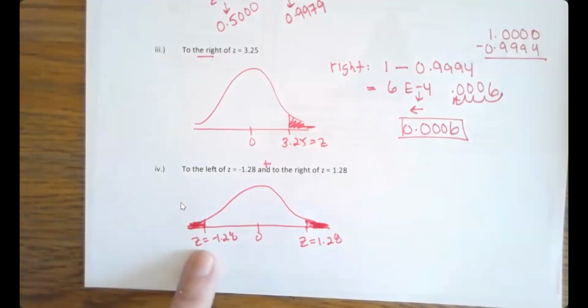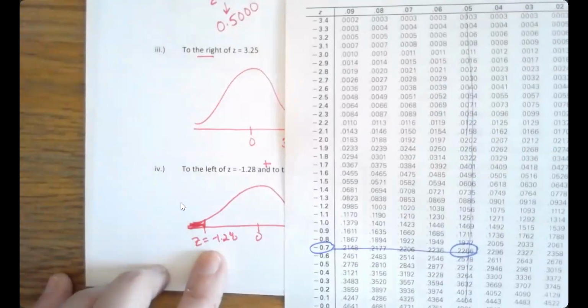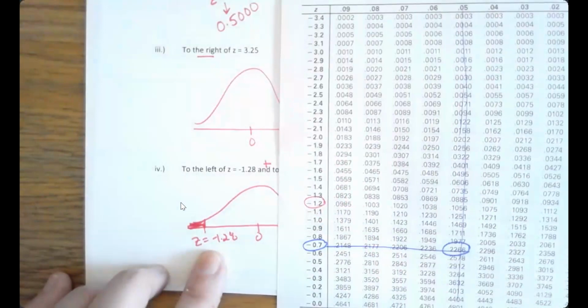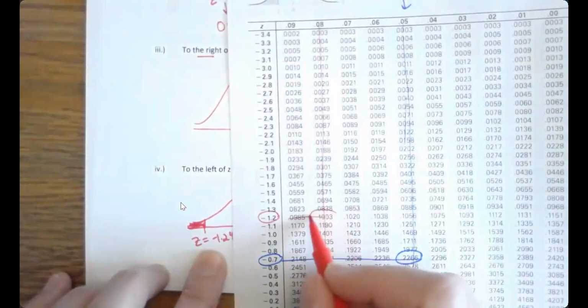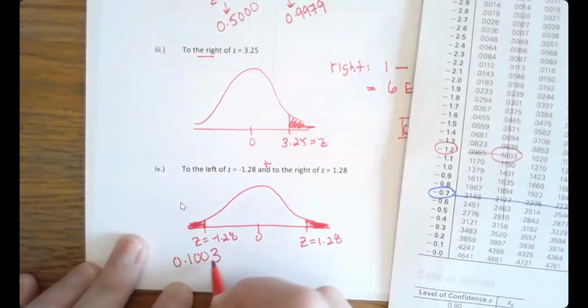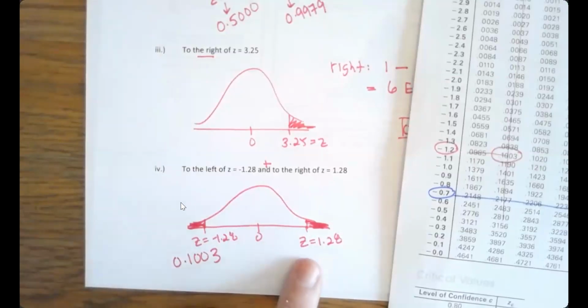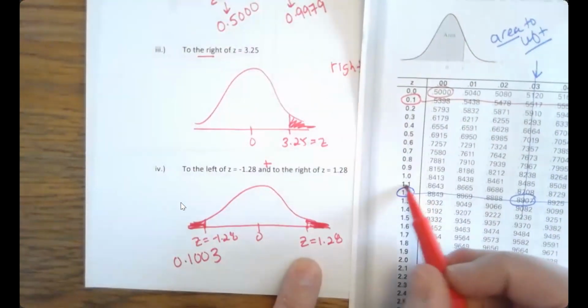Now let's do the left side first. So I have negative 1.28. So negative 1.2 is right here. And then my 8 column, so 0.1003. And then for the part on the right here, I have to find this value first. So 1.2.